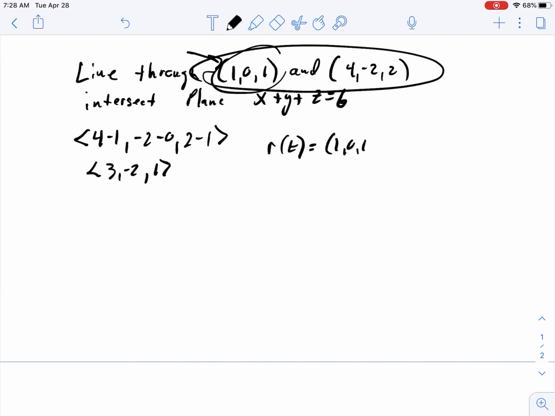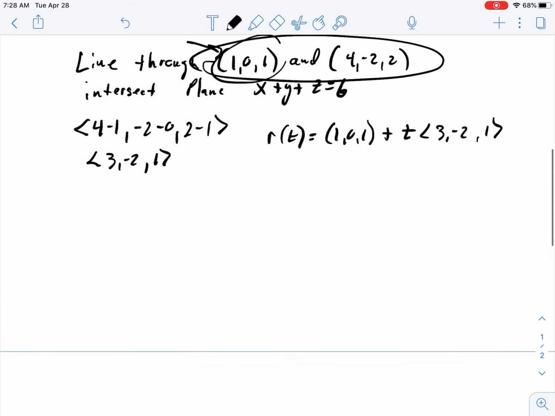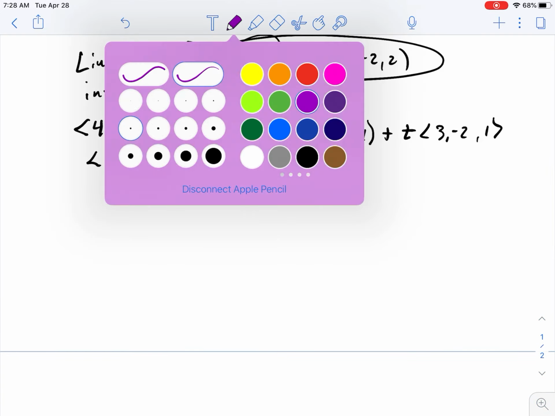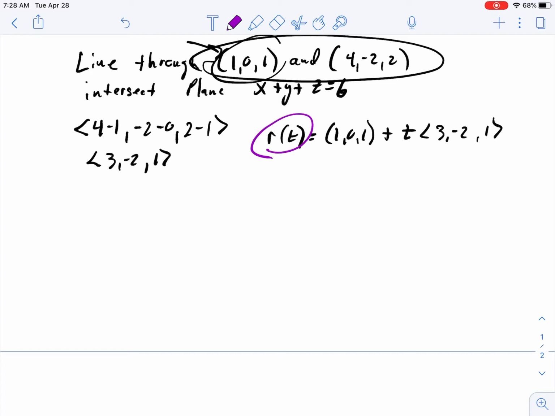So r(t), and I said we start with that one here, is 1, 0, 1 plus t times 3, -2, 1. All right, so now let's break down the components of the line. For r(t), the x component is 1 plus 3t.